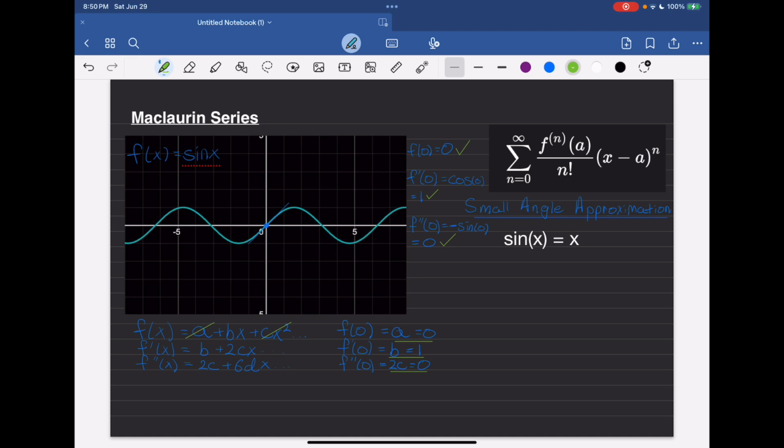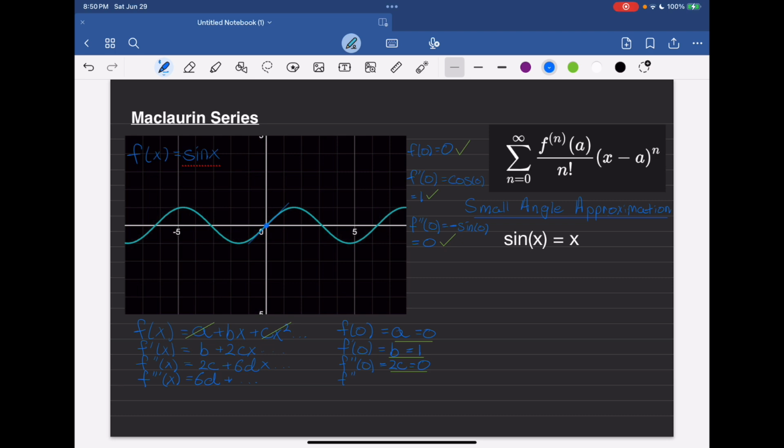But the odd powers are going to follow a pattern. Now, to notice this pattern, we can look at the third derivative, where the third derivative of x is simply 6d with a bunch of x terms, which will all go to 0.